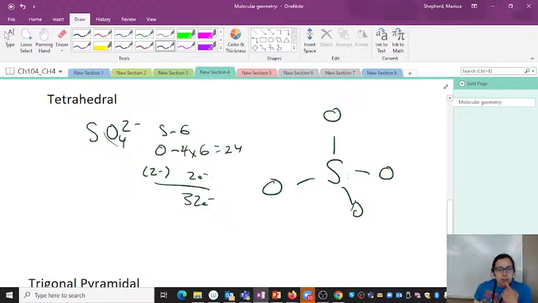So 32 electrons. So this is looking good. I'll fill in all the electrons now to give everyone an octet. All right, so that's all satisfied.